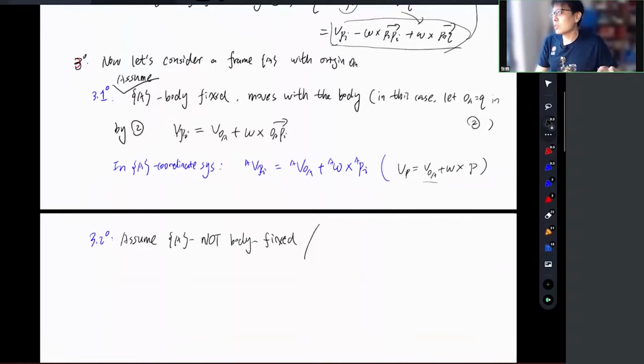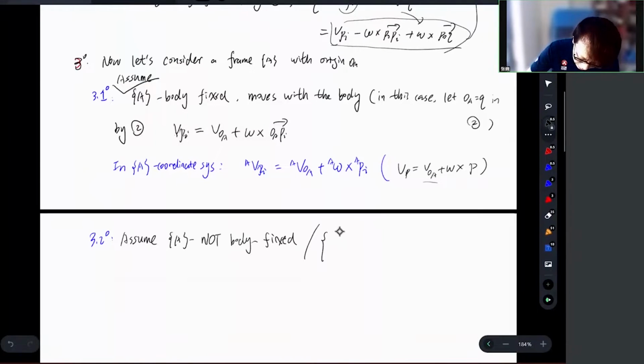A's motion is detached from the body's motion. There's no link between the frame and the body. So it could be that the frame does not move. It's stationary. Possible, right?